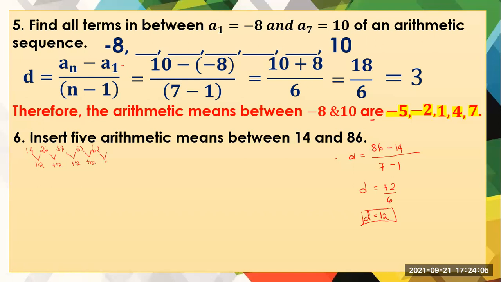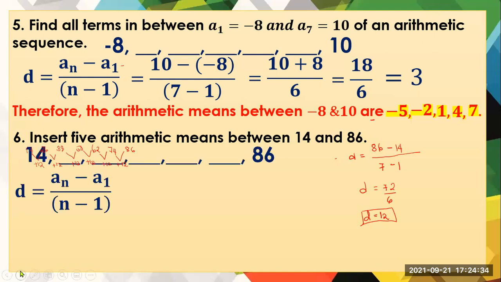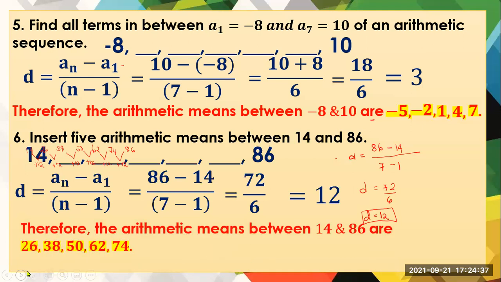Then 62 plus 12 is 74. 74 plus 12 is 86. So therefore, the arithmetic means are 26, 38, 50, 62, and 74. So here's the solution.